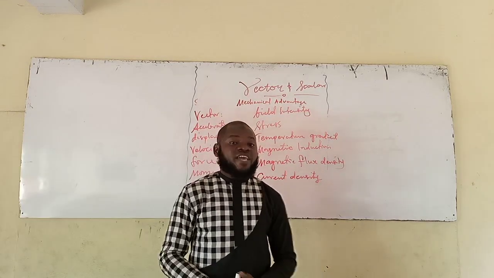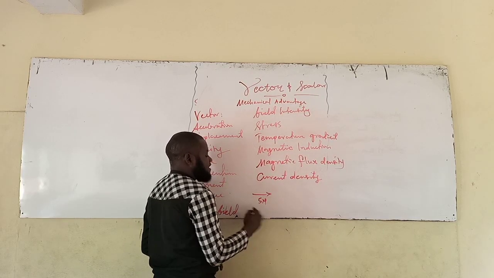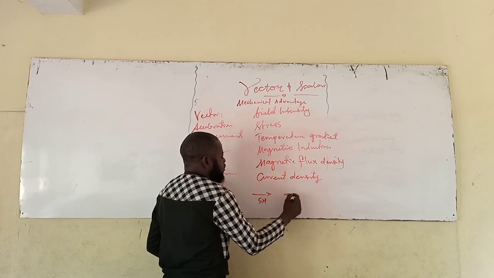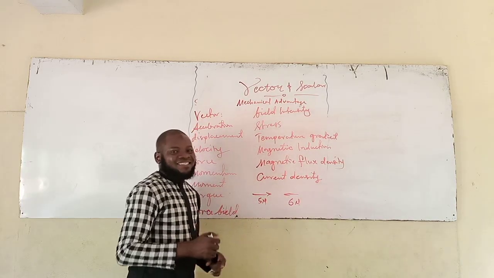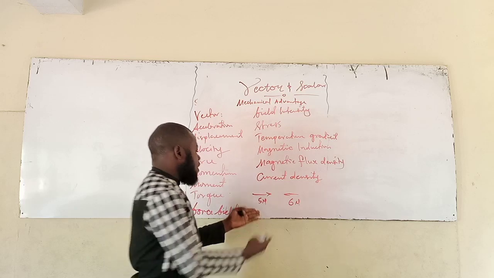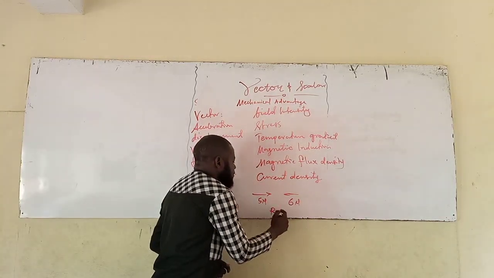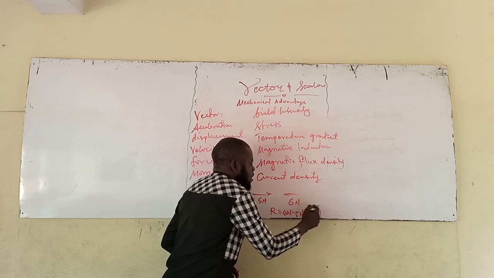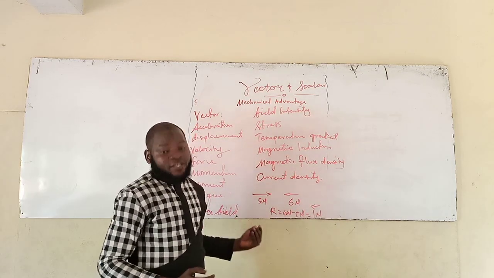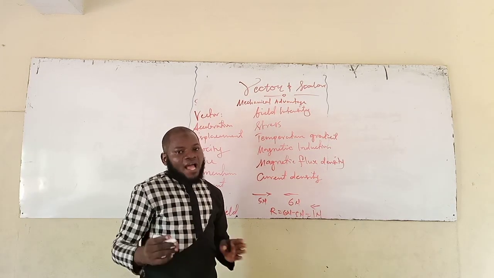Just like the example we gave earlier, if I have a force of 5 Newton in this direction, and I have a force of 6 Newton in this direction, the resultant, that is the single vector that will be equivalent to these two vectors, is going to be R equals 6 Newton minus 5 Newton, and that is just 1 Newton in this direction. Am I making sense, guys? Okay, if that should be the case.